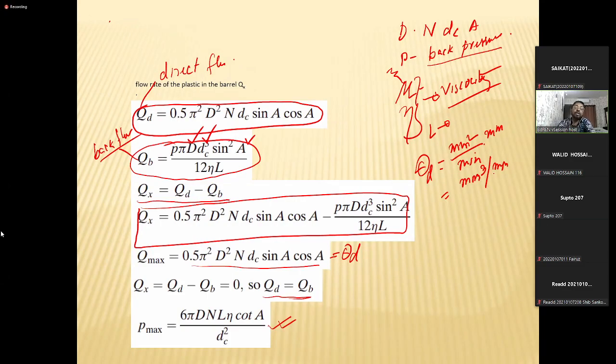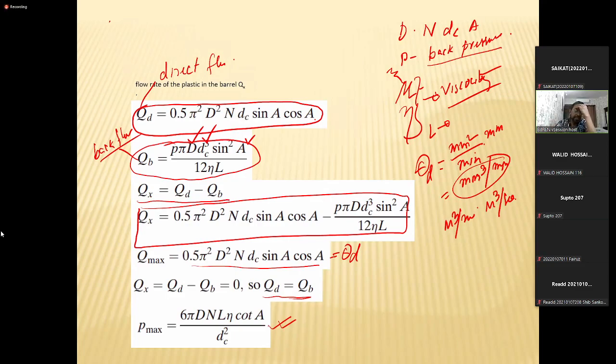Qd is the rate of flow per unit time. It may have a different unit, meter cube per minute or meter cube per second. So we must be careful about the unit, depending upon which unit we are placing here.